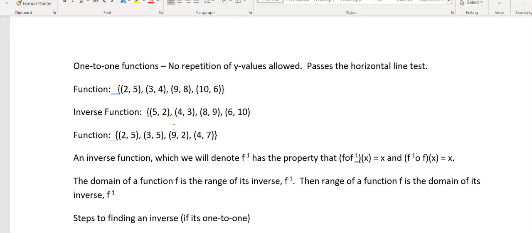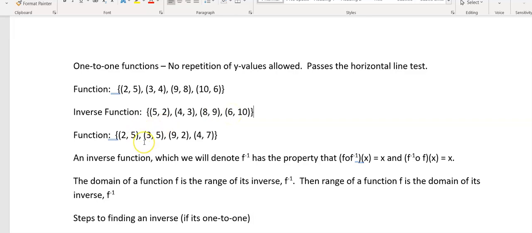So notice that I very easily got the inverse of this function just by switching the x and y values. And this happens in every inverse function. The x and y values switch places. Now let's notice that the x values we have left, 5, 4, 8, and 6, are all distinct, so it's still a function.